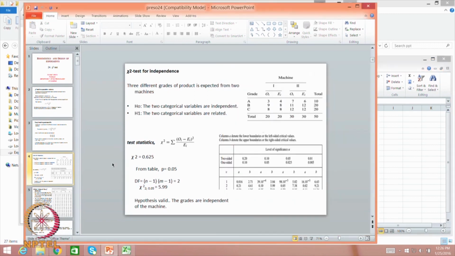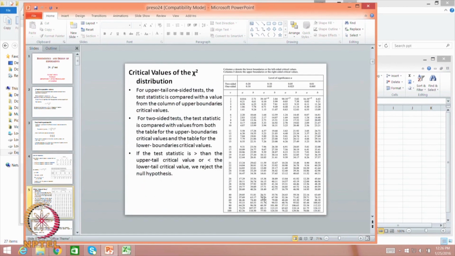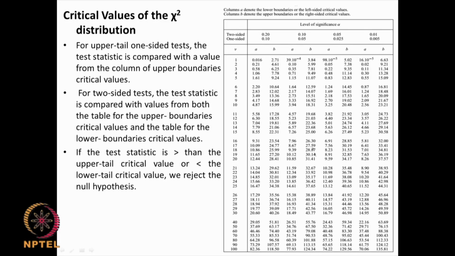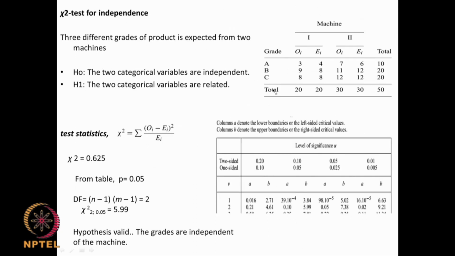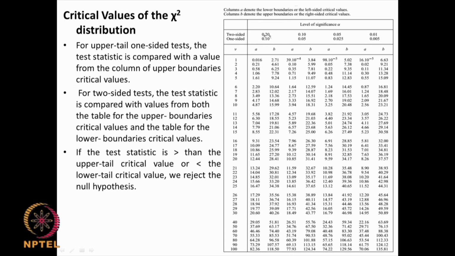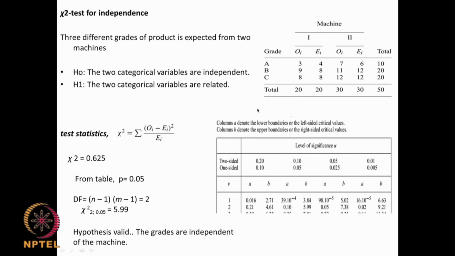Now let us go to the table. There is a table for critical values for chi-square, just like a table for your T, Z, F and so on. It has two-sided alpha and one-sided alpha. If you are looking at one-sided alpha, how many experiments are there totally?